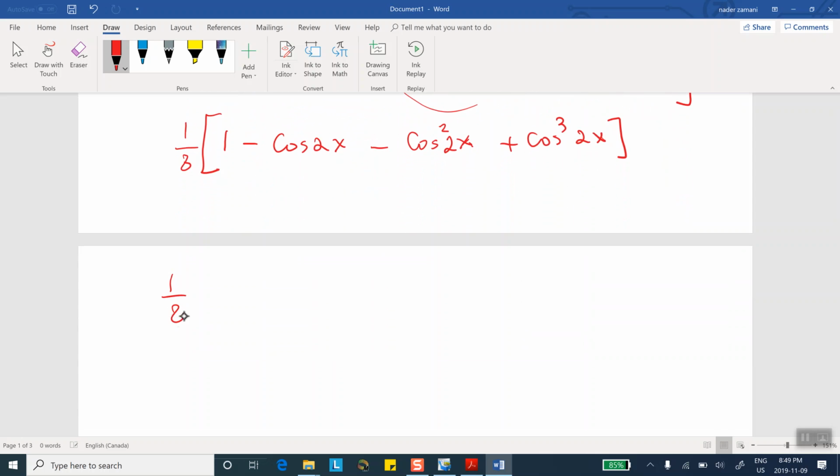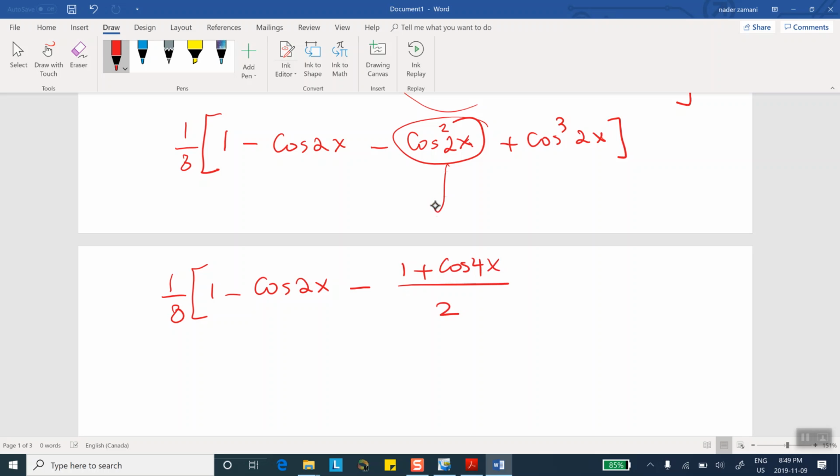1 over 8, no problem there. 1 minus cosine of 2x minus, now we know what formula to use to reduce the power of this. So it's going to be 1 plus cosine of 4x divided by 2. That is this term, okay? And then here, for now, I'm going to leave it the way it is, cosine cubed 2x. I'm going to write it like this.